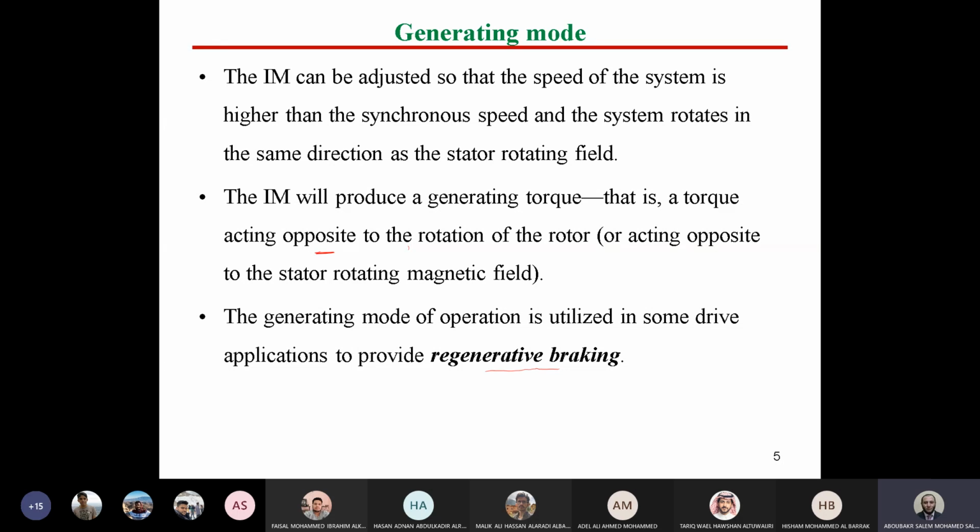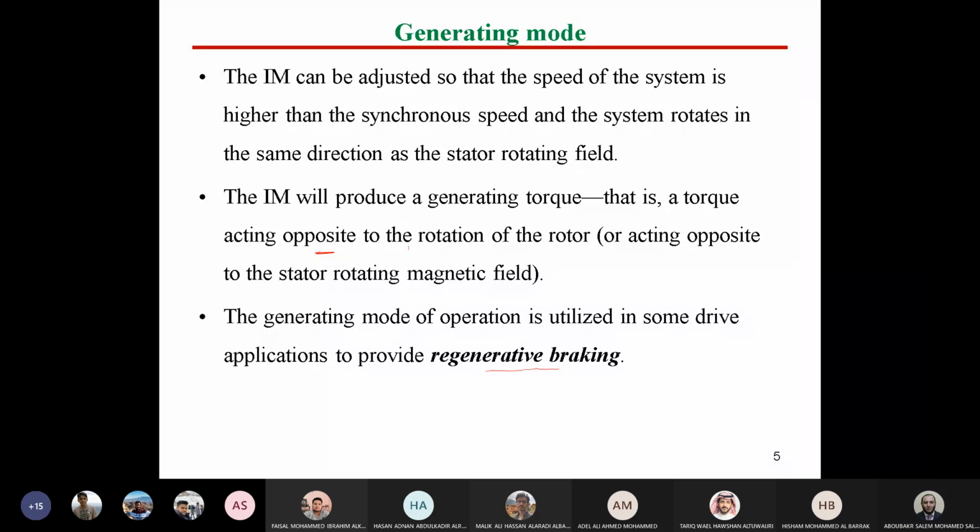So it's part of the mode of operation. This is very useful for electrical cars. In electrical cars, you don't need to pay fuel or energy to move your car all the time. Sometimes you can get some energy from the car itself. So it has higher efficiency compared to heat engine cars.